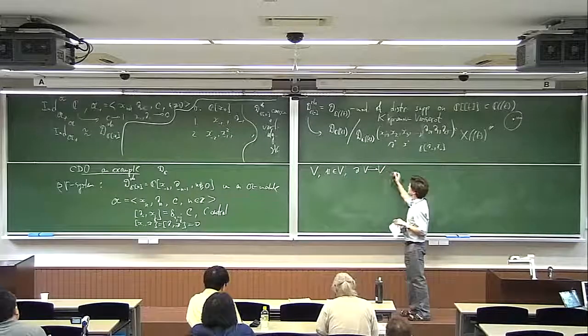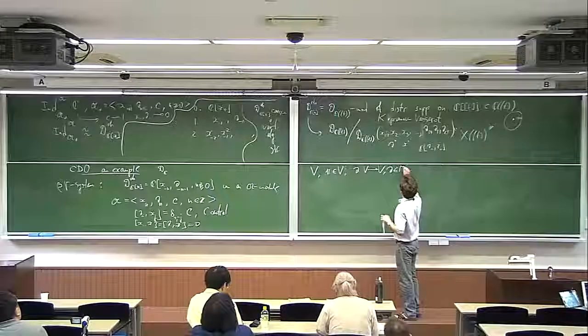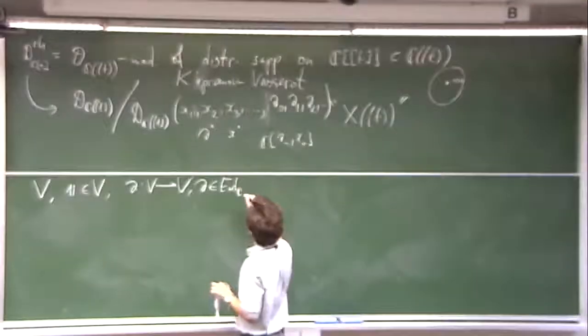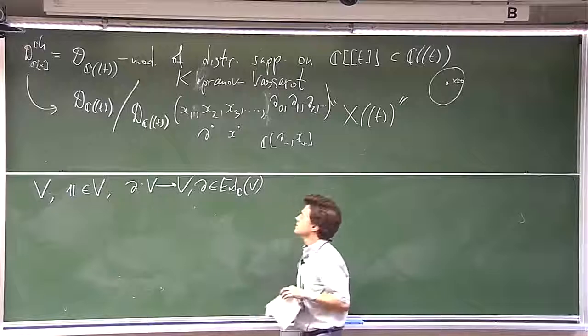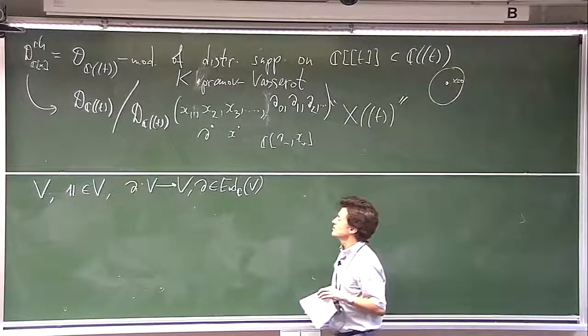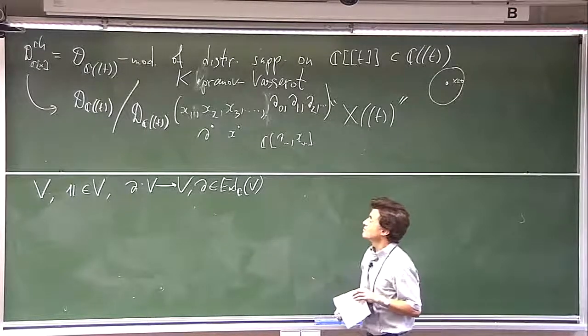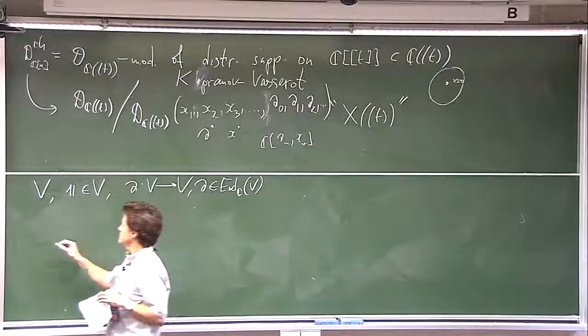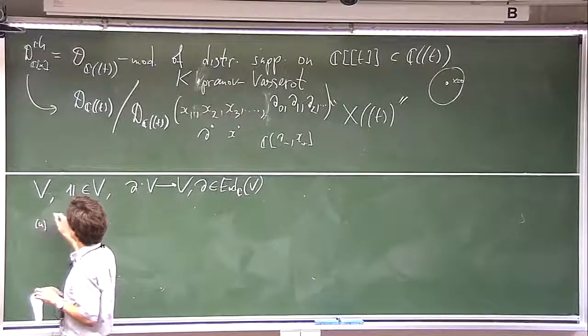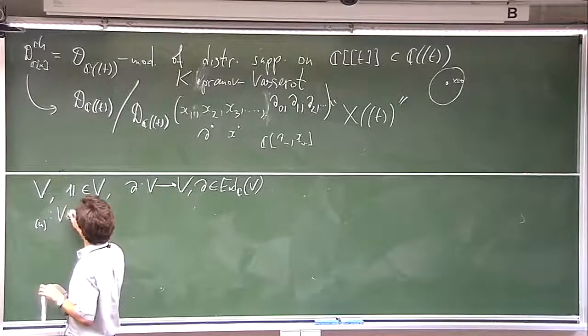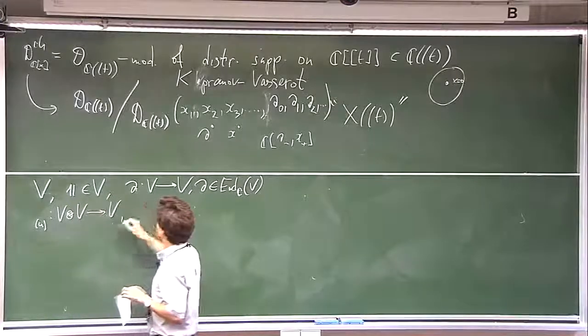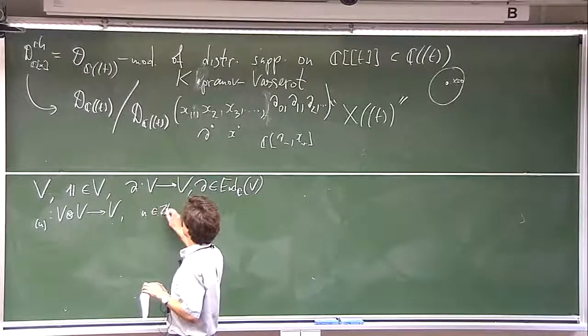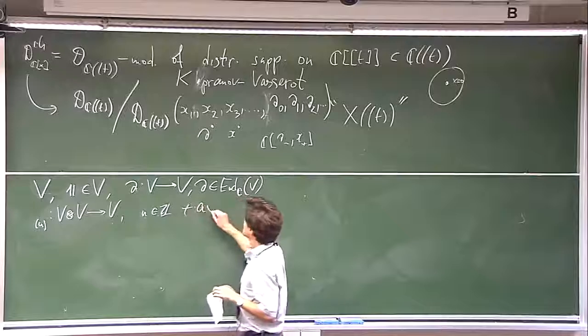It's just a linear endomorphism. I don't like to call it T. We'll see soon why. And most importantly, a family of products, plus axioms.